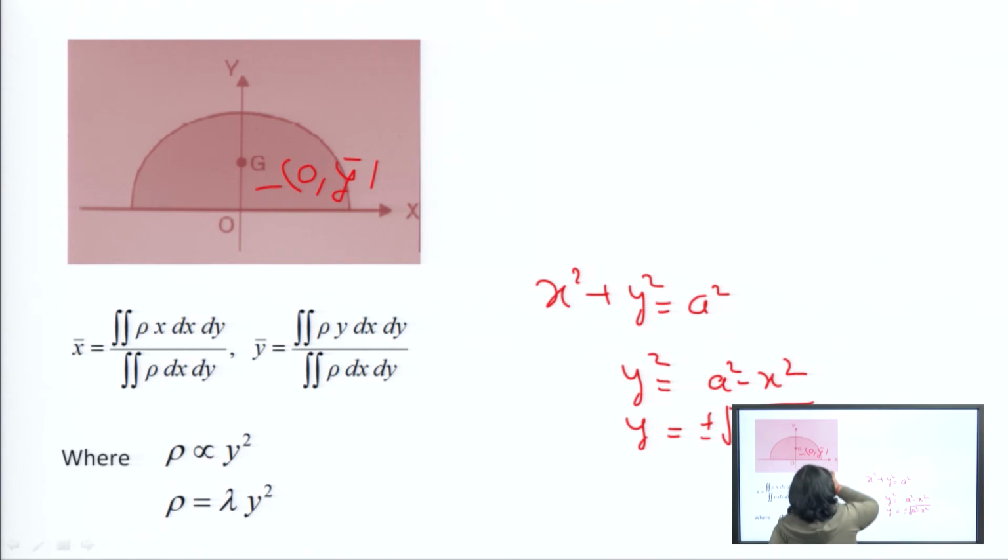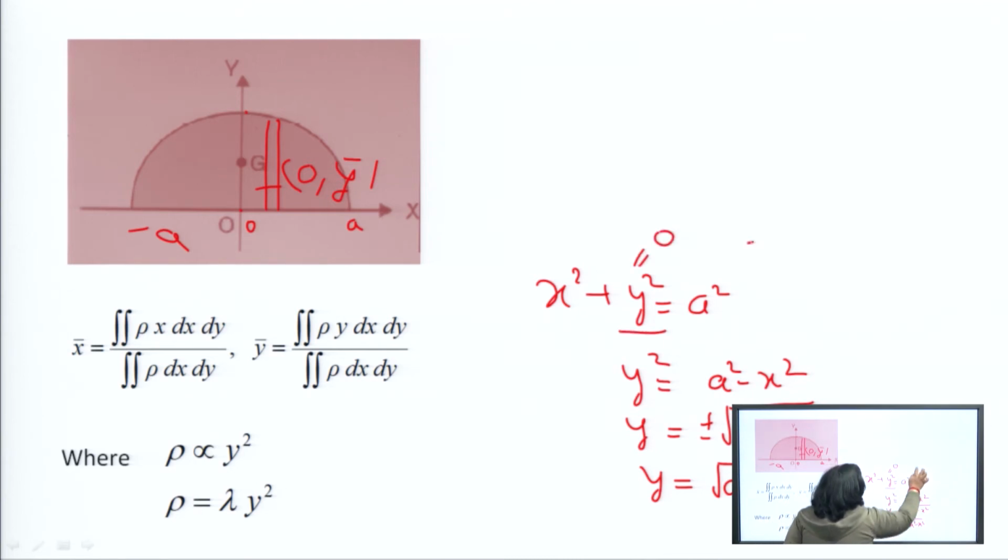From the figure we can see that if we draw the strip parallel to the y axis, it goes from 0 to this curve, in the positive coordinate only, y is equal to under root a square minus x square. On the x axis, this point is a and this is minus a. How do we find this? If the circle equation is this, put y equal to 0 here, x square equals a square, so x equals plus minus a.